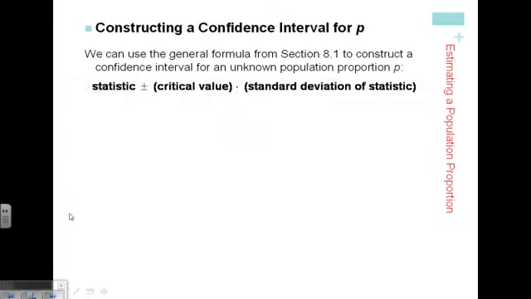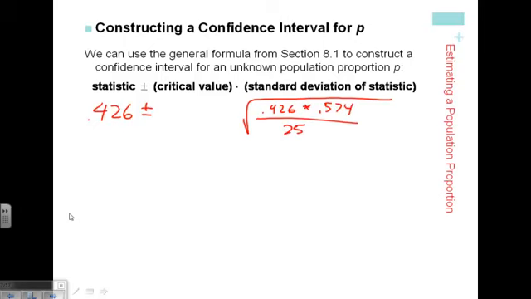Let's do the calculation. What was our statistic? 0.426. What's the standard deviation of the statistic? Or at least our best guess. 0.426 multiplied by 0.574 divided by 251.